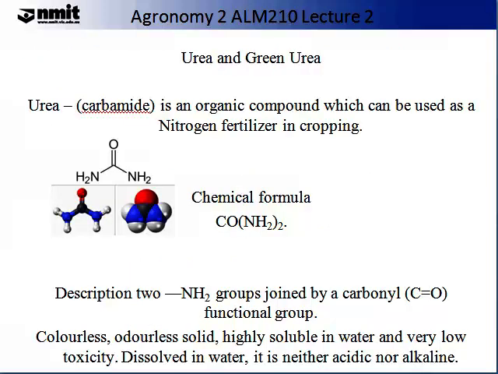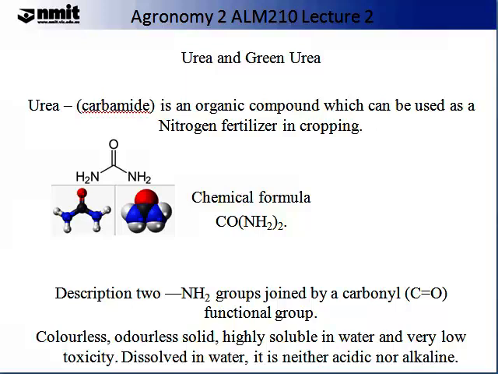Urea and green urea are forms of nitrogen. Urea is an organic compound which can be used as a nitrogen fertilizer in cropping. The chemical formula is CON2H4, where C is carbon, O is oxygen, N is nitrogen, and H is hydrogen. The chemical formula is shown on the left-hand side of the slide.